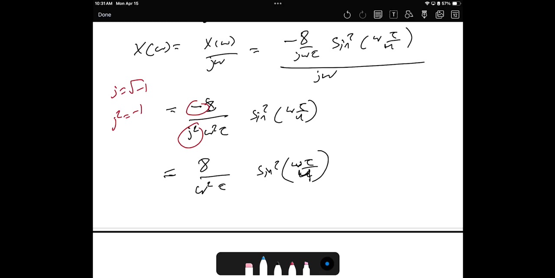Now, we need to convert sine theta over theta to be sine. So we have inside here omega tau over 4. So what I will do is try to make it omega tau over 4, omega tau over 4, to make it a sine, and all of it will be squared because it will be sine squared.